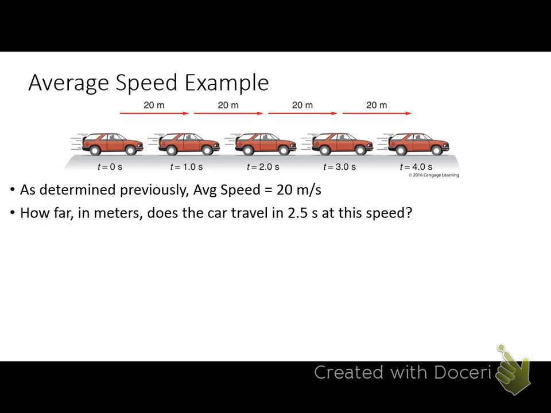We'll talk about the difference between speed and velocity, because there is a difference. But we came up with an average speed, like you did in your homework, by taking 80 meters divided by 4 seconds: 20 meters per second.